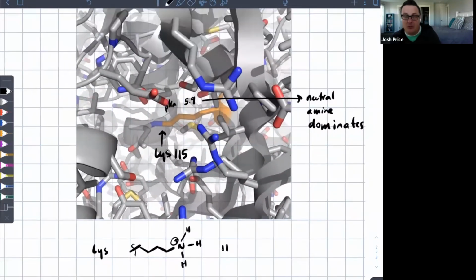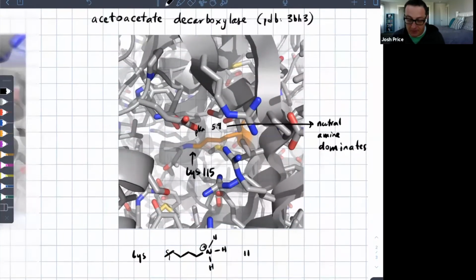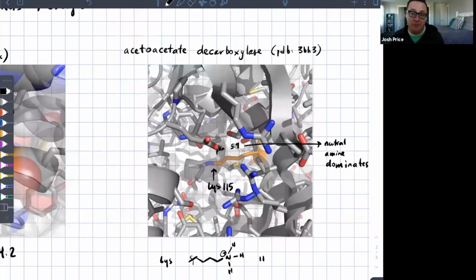There are tons more examples of this where you see side chains in active sites doing chemistry that it doesn't look like they should be able to if their pKa's were the same as in bulk solution.